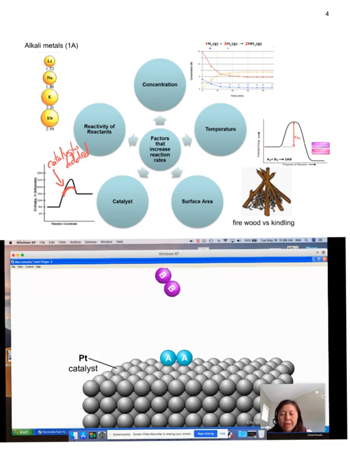Notice how A squared and B squared are not colliding with the same kind of energy that's needed to get through the activation barrier. It's because now we have platinum as a surface to draw those particles together. So that's how we're lowering the activation energy.